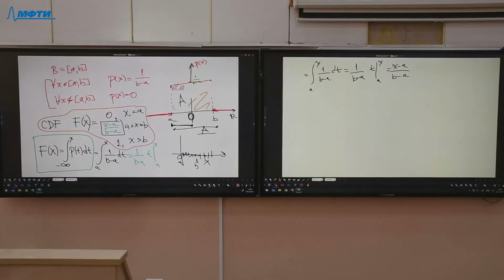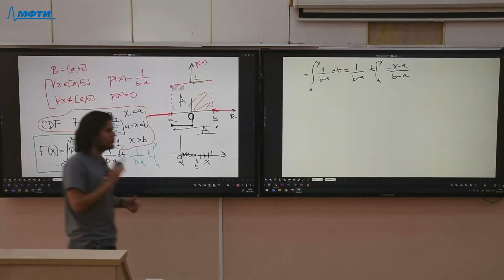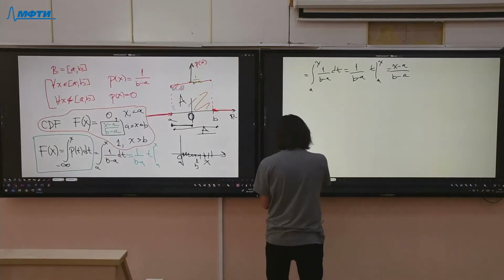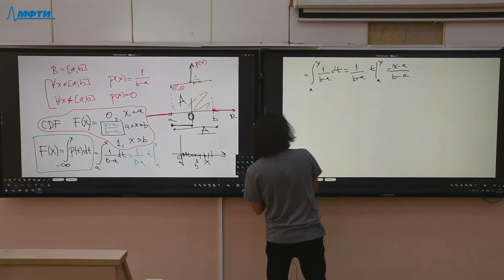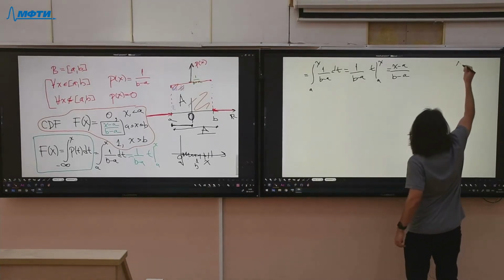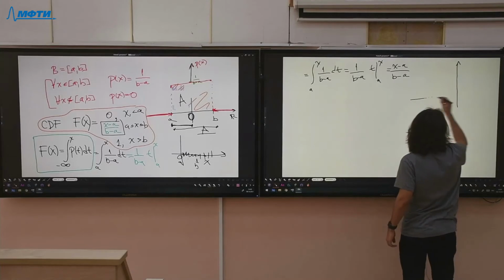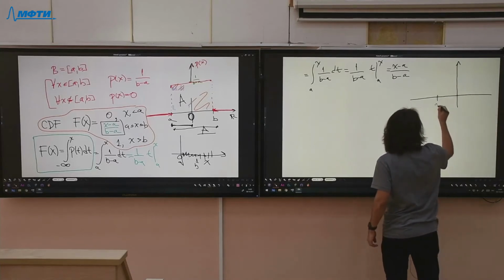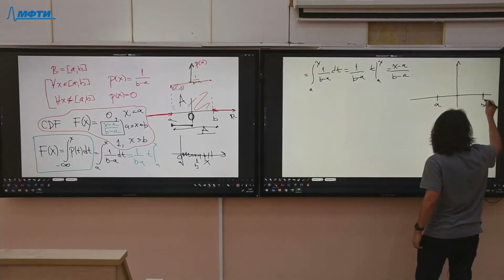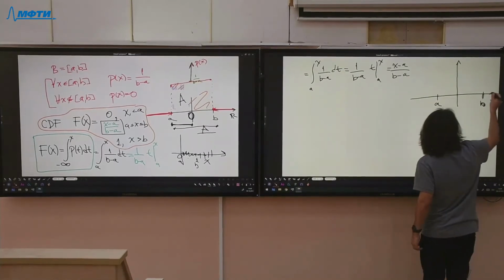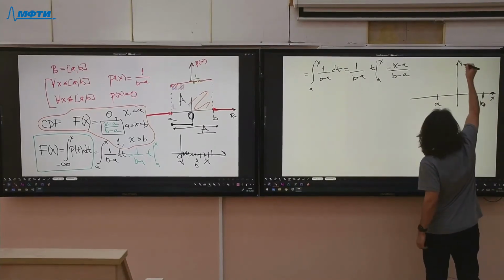Okay, this is the CDF for the uniform distribution, and we can easily draw this graph. So we have A here, we have B here, X, and we have here the CDF.